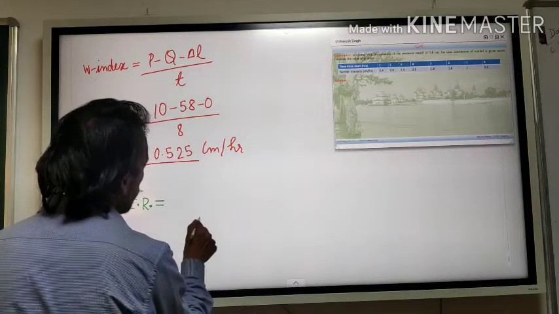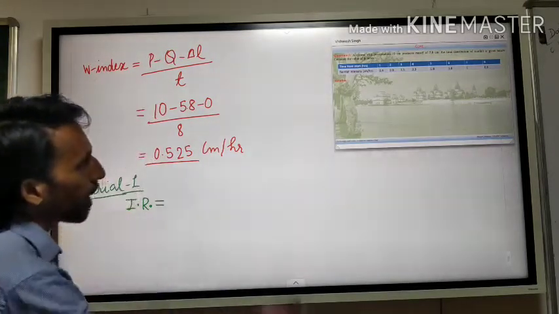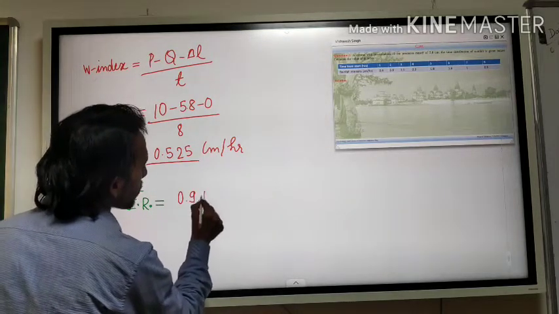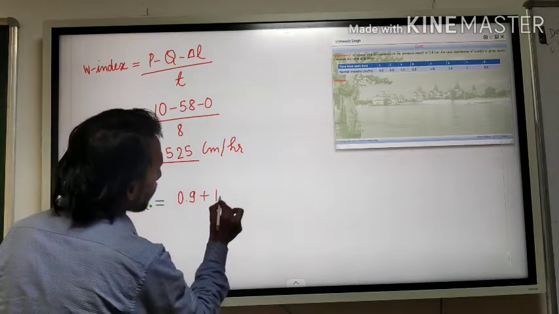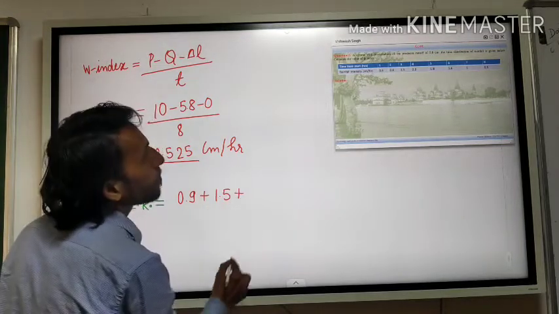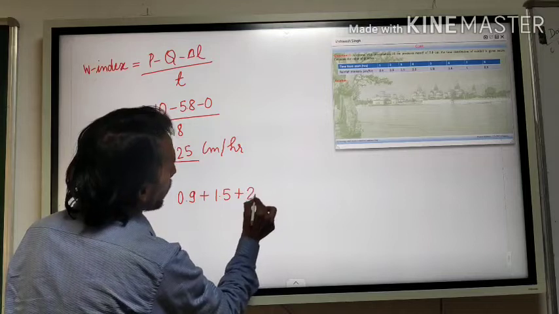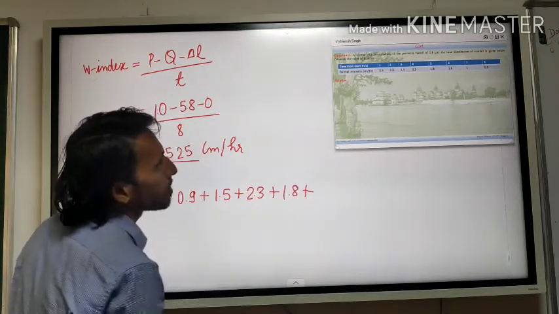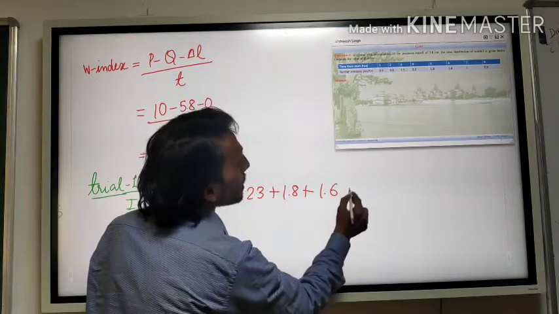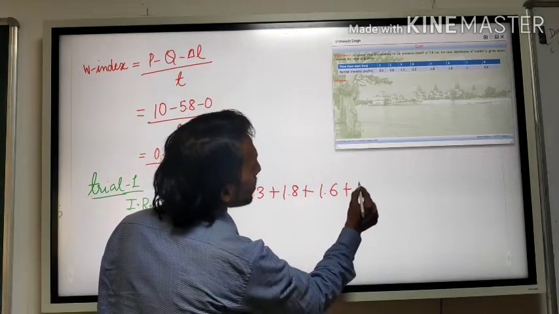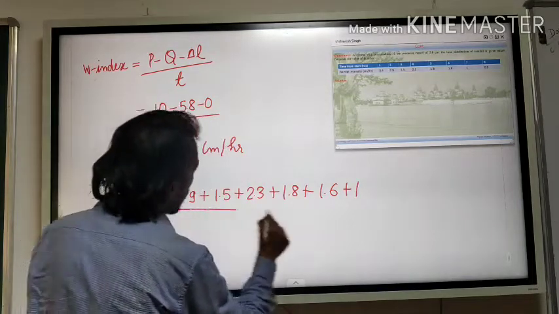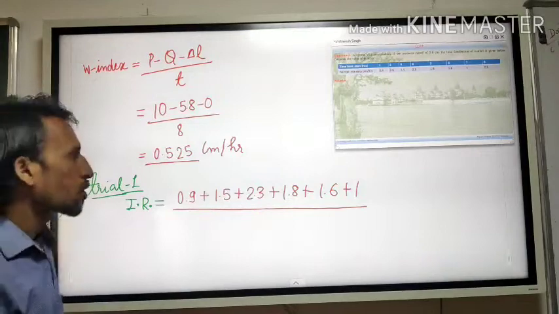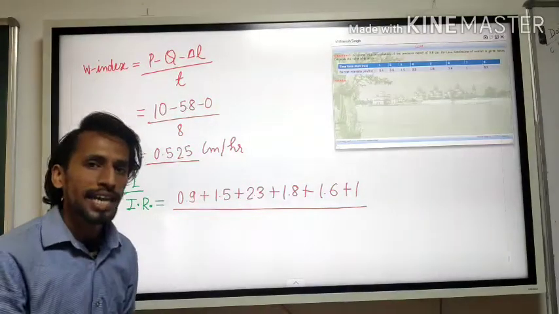I will remove the first one: 0.9 plus 1.5 plus 2.3 plus 1.8 plus 1.6 plus 1, and divided by, you have removed two areas, so you have to remove their corresponding time.